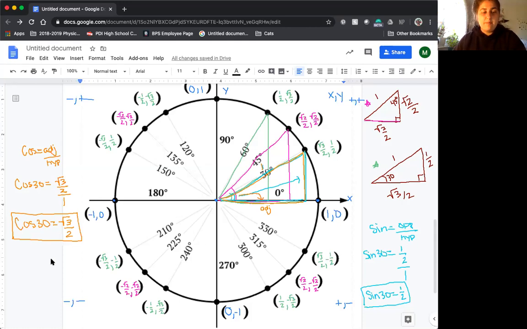So I want you to remember down here in this little box that cosine is always just the x value of the unit circle, and sine is always just the y value. So when we talk about these coordinates x comma y, you could also think of them as cosine comma sine, right? Where cosine is always our x value and sine is always our y value.